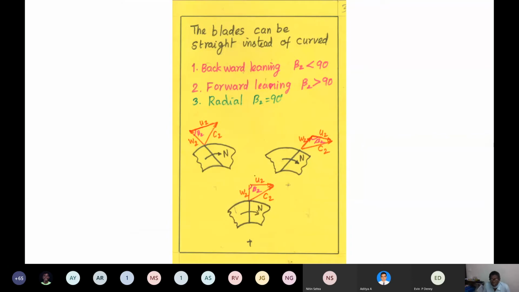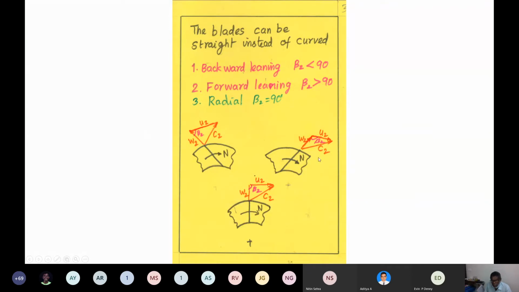Then the blades can be straight instead of curved. Easy to design and make. They are usually called backward leaning, forward leaning, or radial blades. Okay, see the configurations. The first one, where beta 2 is less than 90, that is backward leaning.